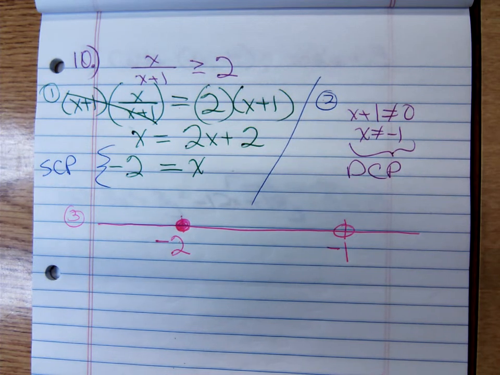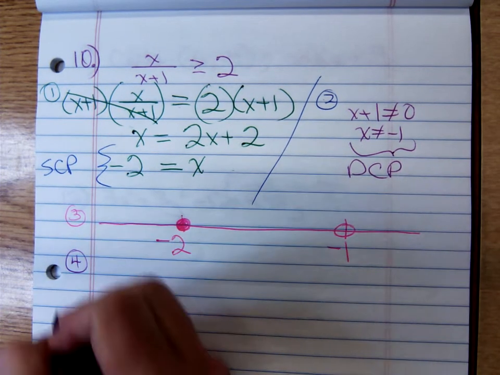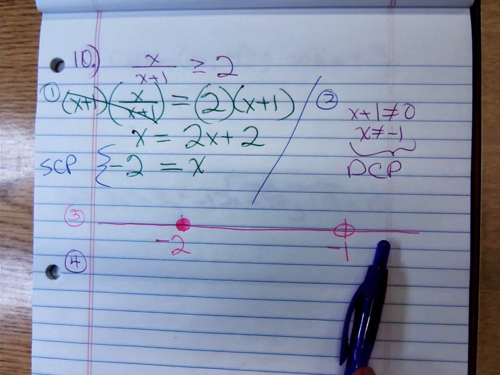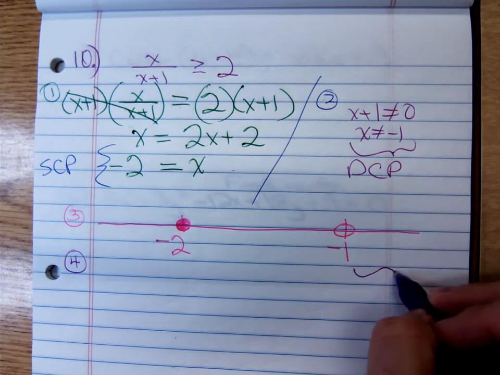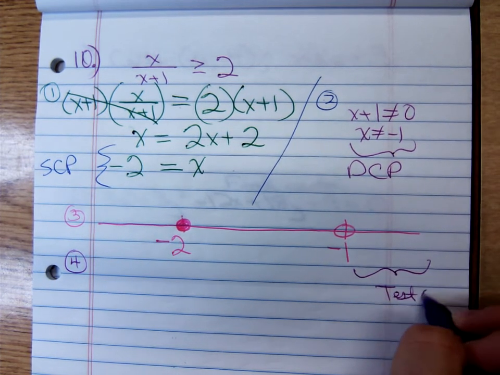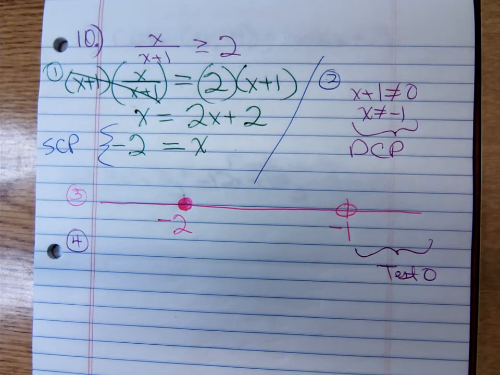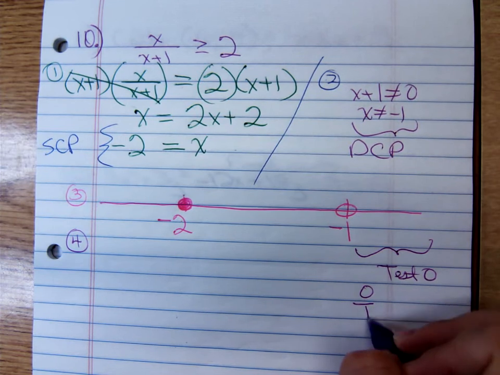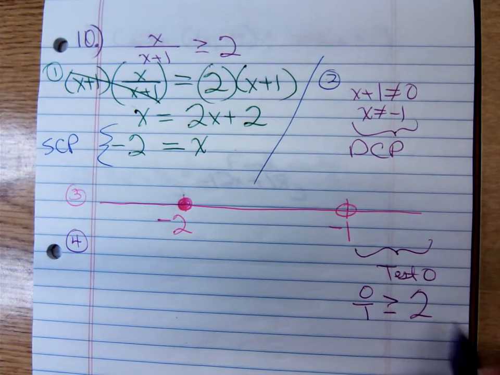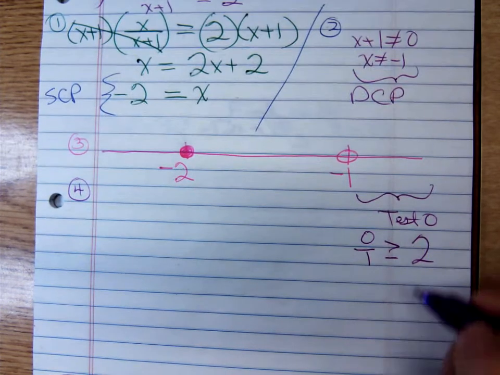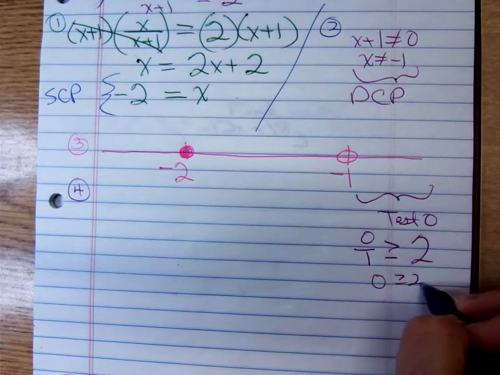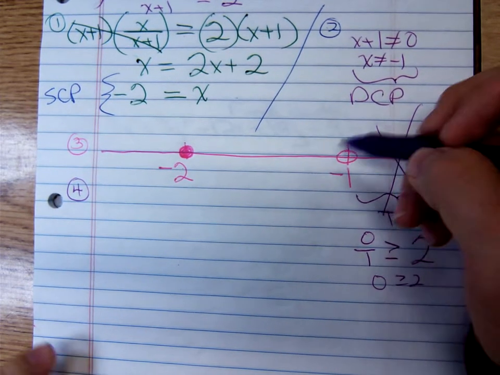Next, we're going to test 0. Interval 1, 2, or 3? 3. Testing 0, we have 0 over 1 is greater than or equal to 2. False. That says 0 is bigger than 2. False.